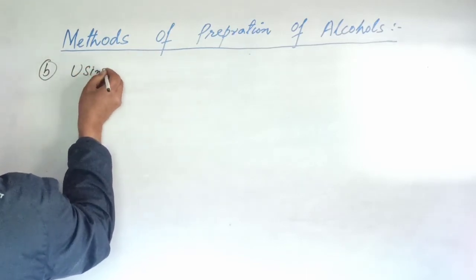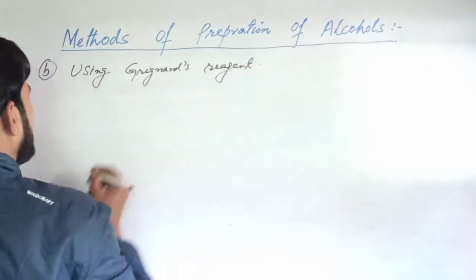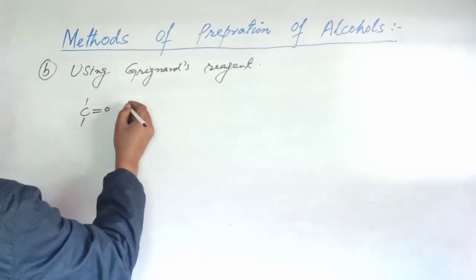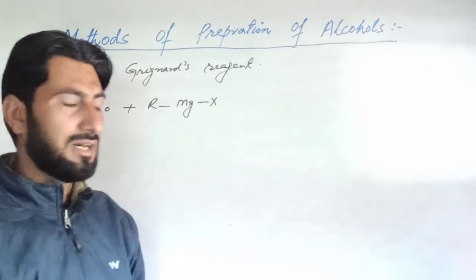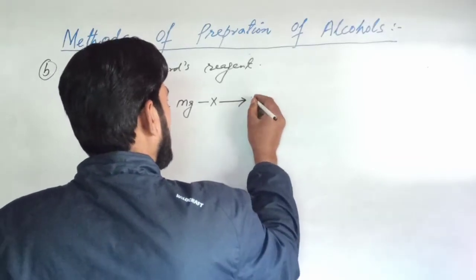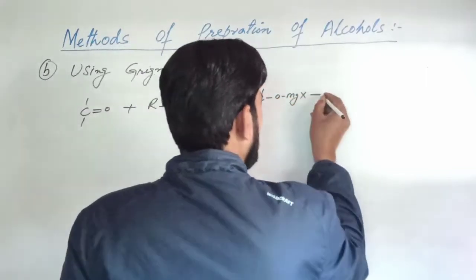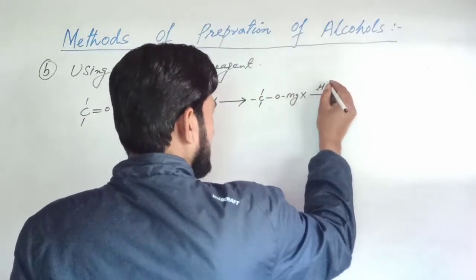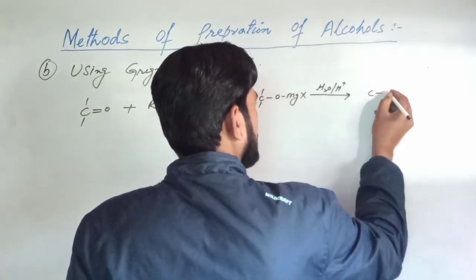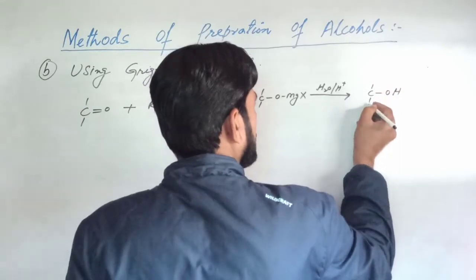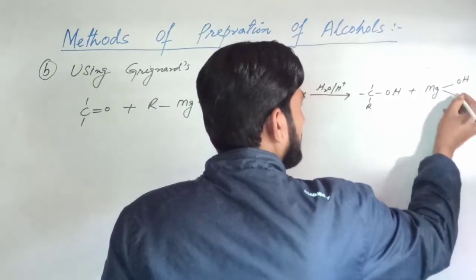By using Grignard reagents, carbonyl compound, when treated with Grignard reagent RMgX, alkyl magnesium halides are the Grignard reagents, forms complex magnesium alkoxide, which decomposes on treatment with HCl or dilute H2SO4 to form alcohol plus hydroxyl magnesium halide.